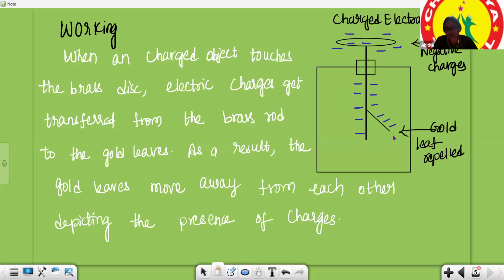So if it is neutral, then it doesn't show any kind of movement. There would be no movement when you bring any neutral object onto this electroscope.